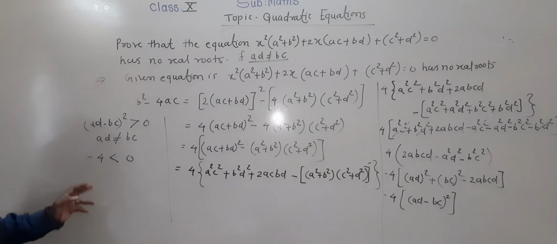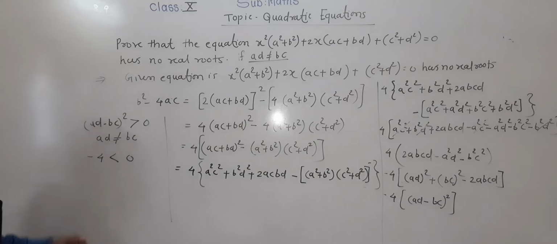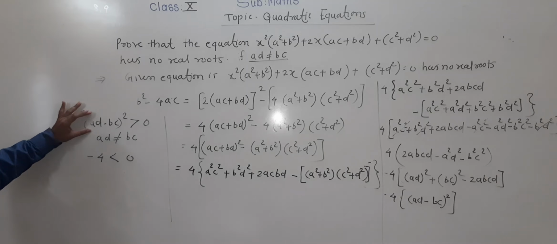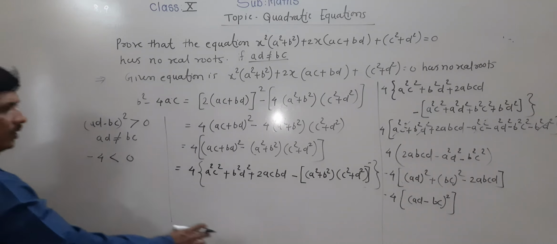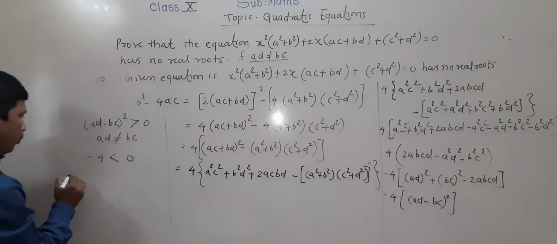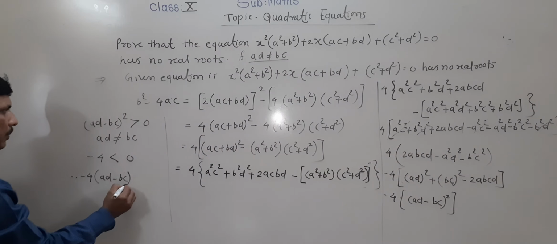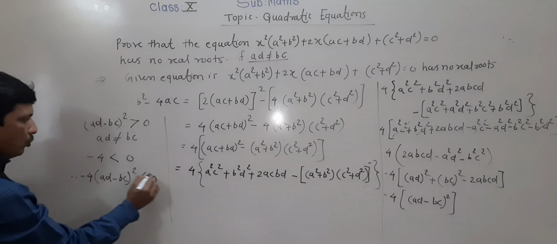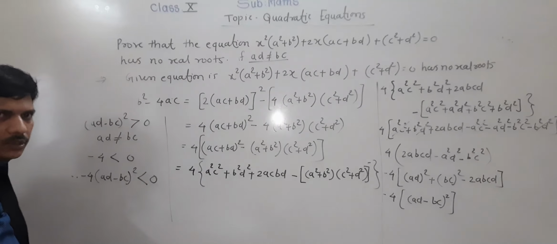Minus 4 is a negative value. So this is greater than 0, but this is smaller than 0. So what can we say about the whole term? Minus 4 into (AD minus BC) bracket square is smaller than 0 because this is a negative term. So the whole term will be negative, which is smaller than 0.